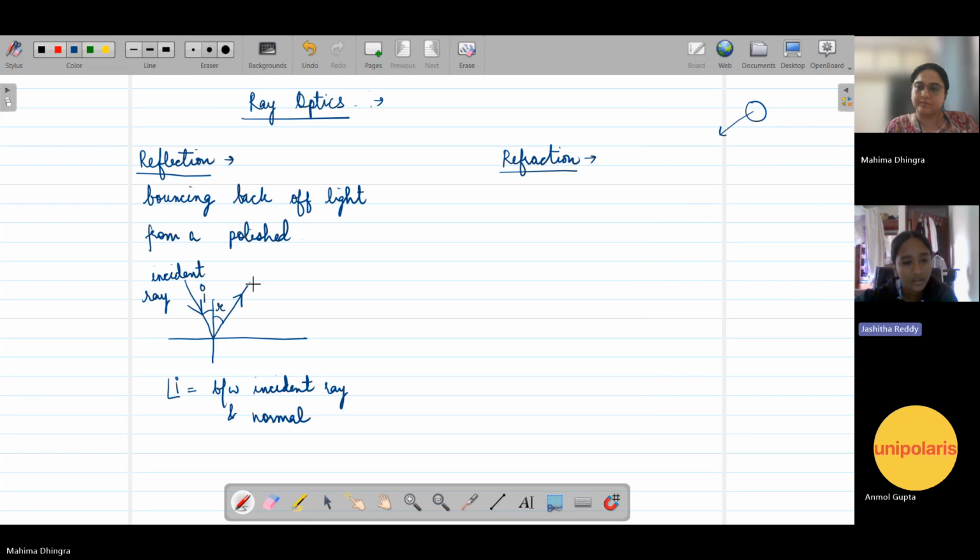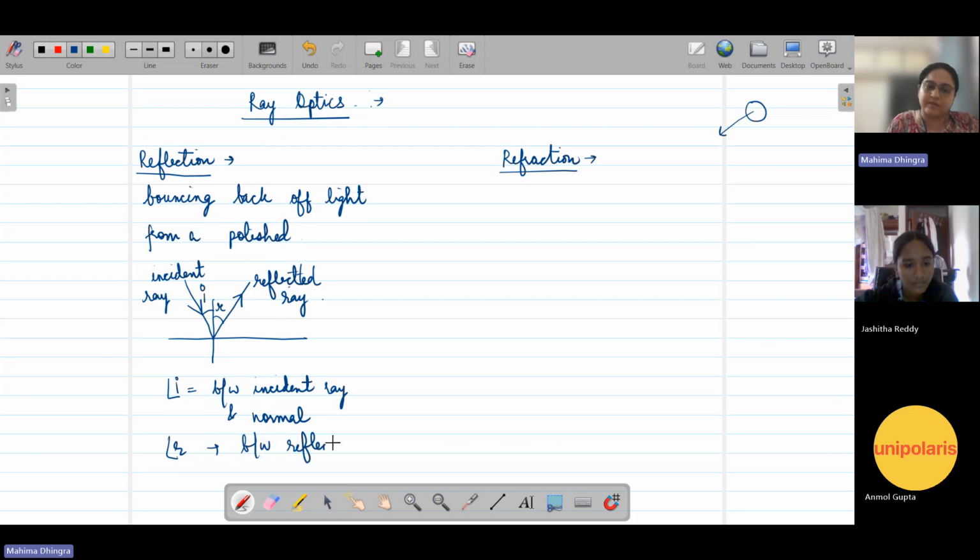It's just a line, like a perpendicular line to the reflecting surface. Okay. And this is the reflected ray. So we have the angle r, that is the angle between the reflected ray and the normal.